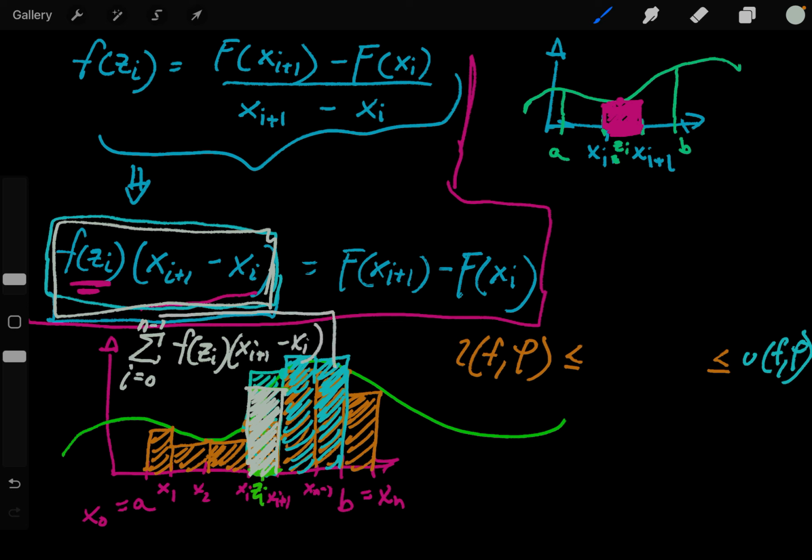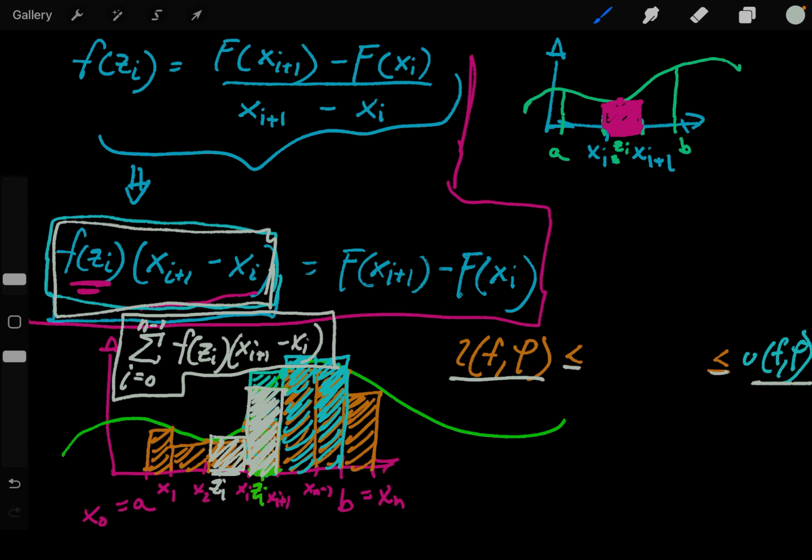This sum, we should see, is guaranteed to be squeezed between these two. Because if I do it here, z_i is somewhere, f of z_i is going to be somewhere between the lowest possible value on this interval and the highest possible value, where it could be equal, but it doesn't matter because I have the equality here, right?